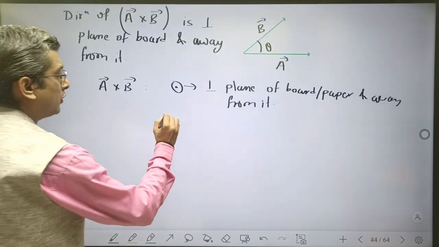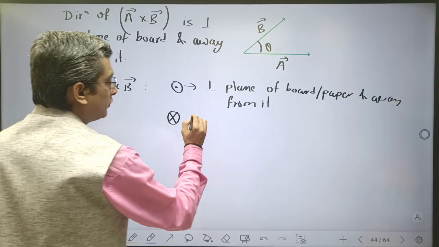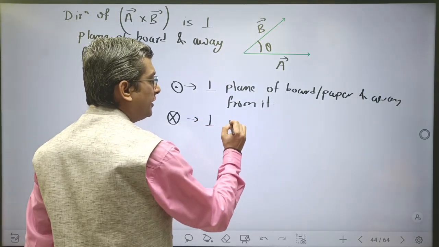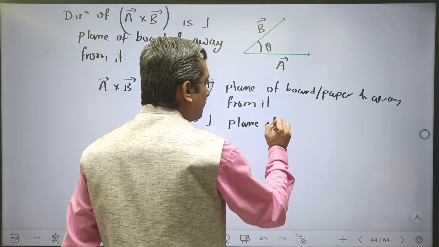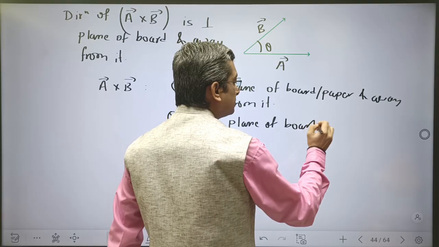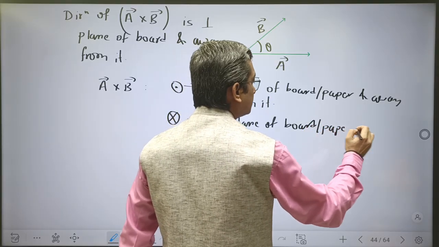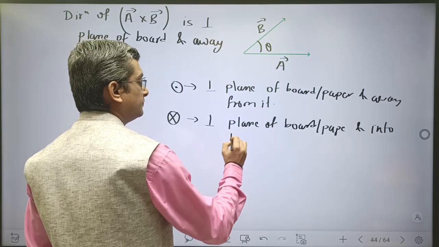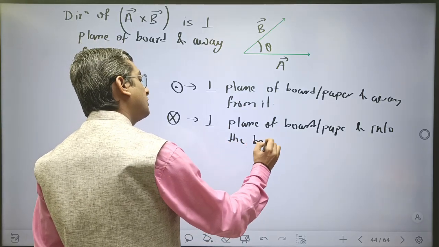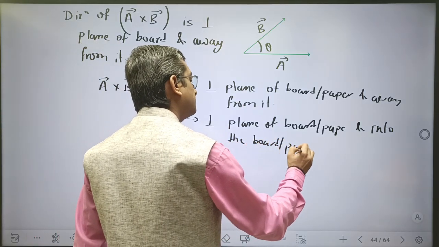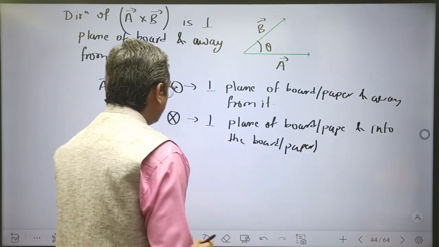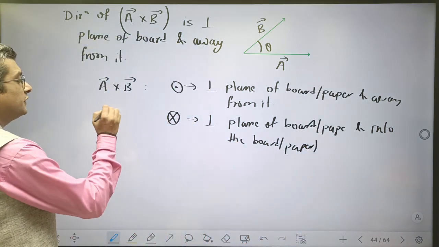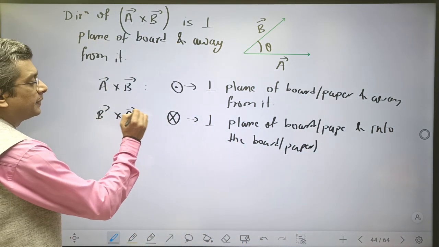Now if I write a cross sign, it represents perpendicular to the plane of the board or paper and into the board or paper. So the direction of B cross A is like this one, isn't it?